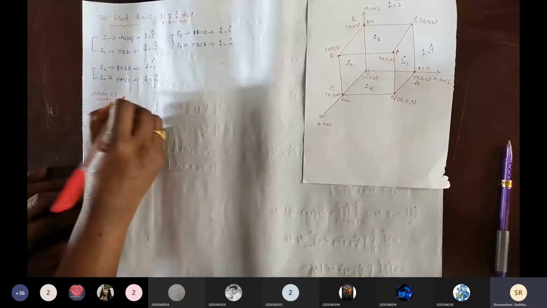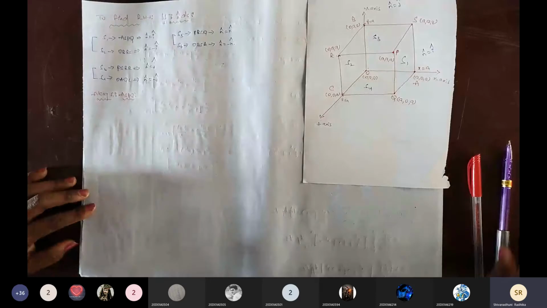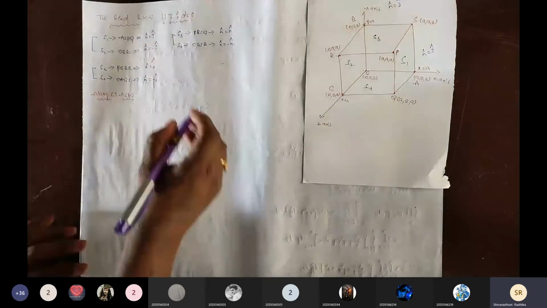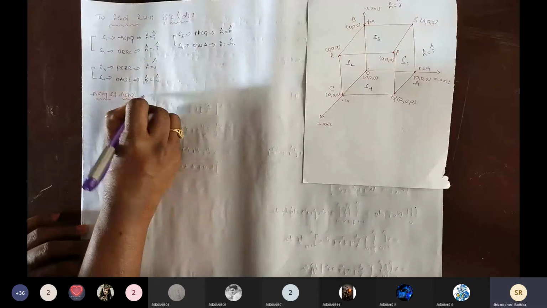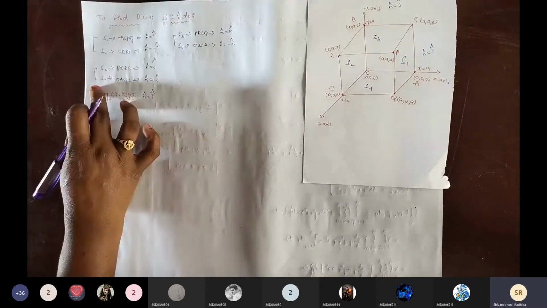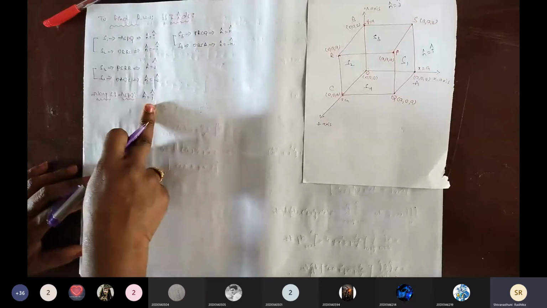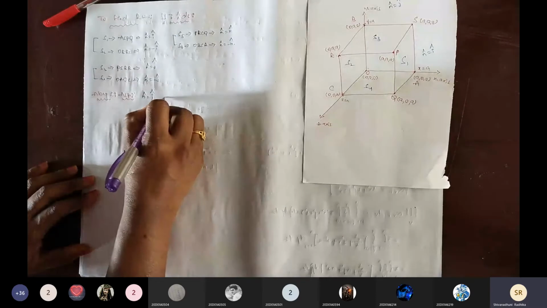What is the S1 surface here? APQS. Along the S1 surface, what is the unit outward drawn normal vector? Already given, n cap equals i cap. What is ds?